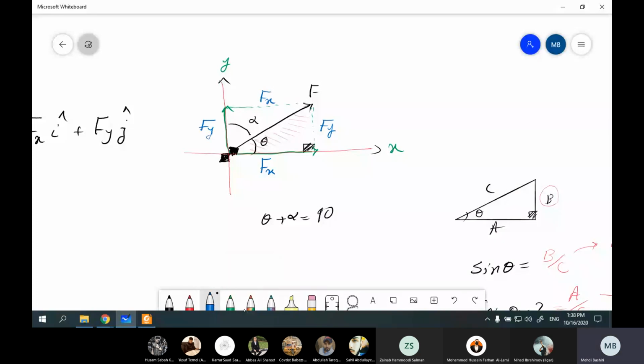Now, I want to talk about this highlighted triangle. In this triangle, if this is our force F, let me write F here.